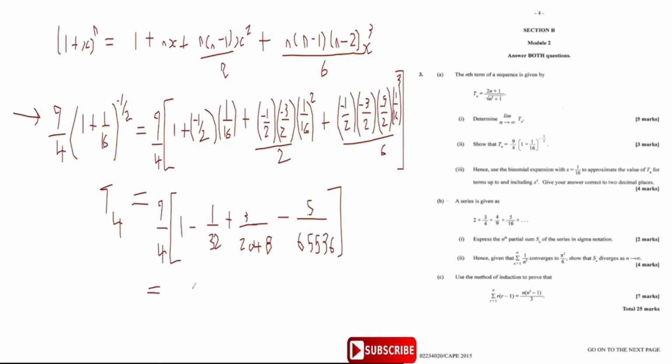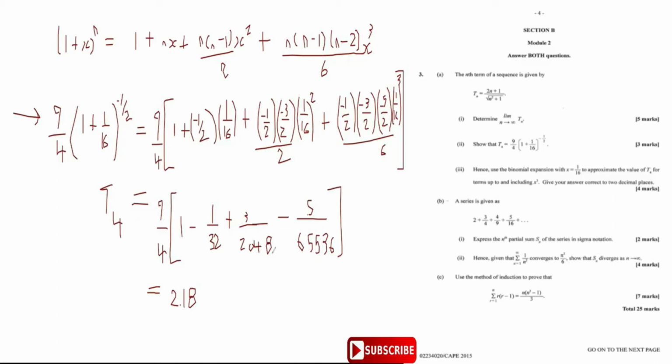You have 1 minus 1 over 32 plus 3 over 2048 minus 5 over 65536, and you multiply that by 9 over 4. And you get 2.182. T4 is 2.18 to 3 significant figures. So that is T4. Nice and easy.